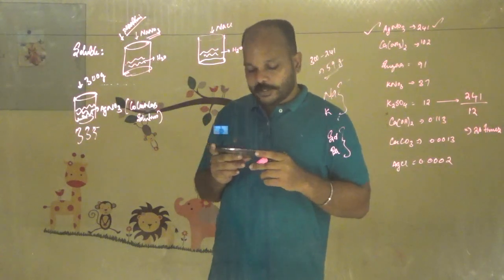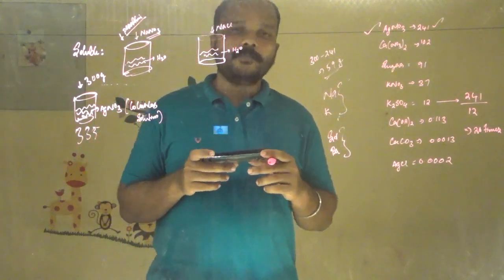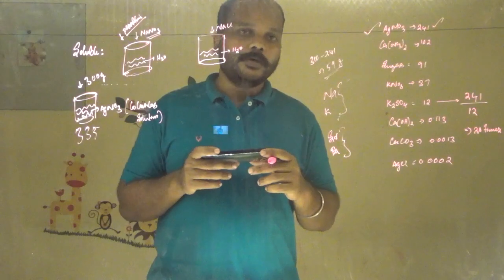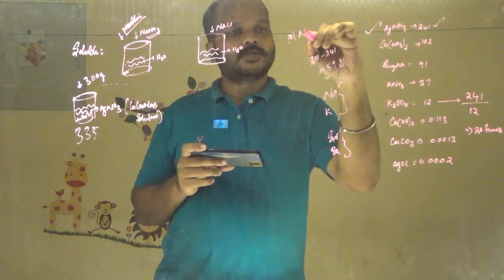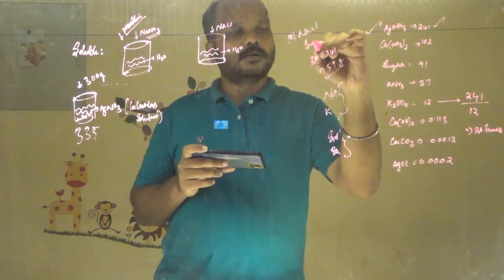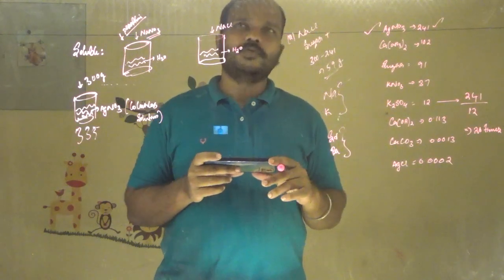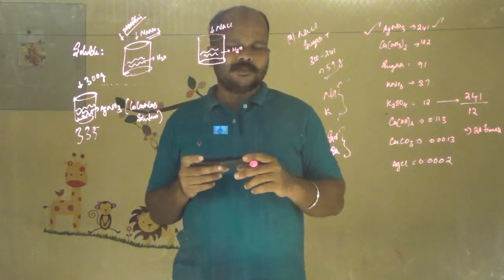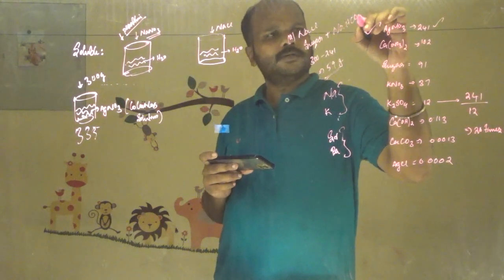Now, give three examples of solids you dissolve in water at your home. What are the common salts we dissolve? Let it be sodium chloride, sugar, and maybe sodium bicarbonate, NaHCO3.